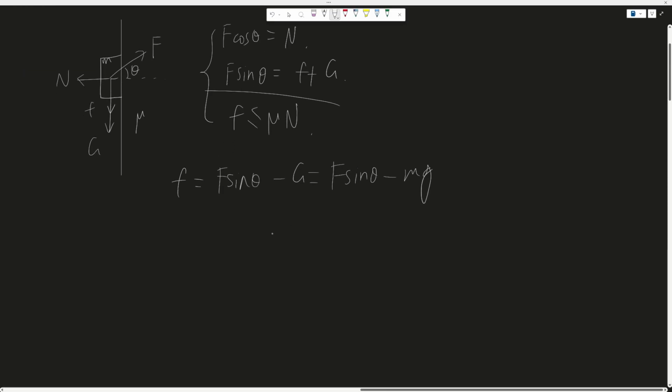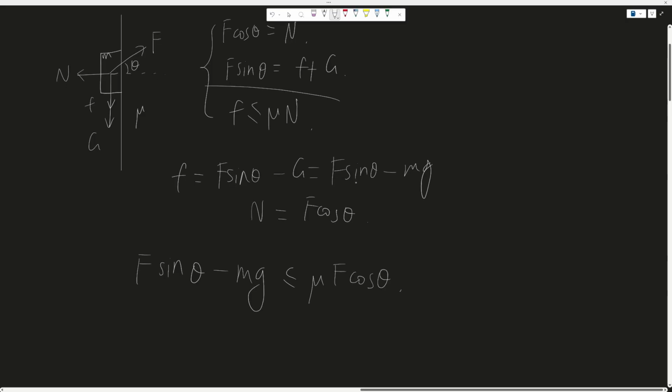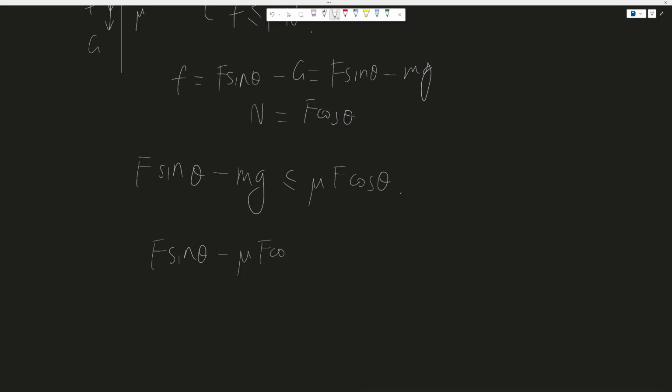And then we know that N is equal to F cosine theta. So then F sine theta minus mg needs to be smaller or equal to mu F cosine theta. Let's try to isolate F. So F sine theta minus mu F cosine theta needs to be smaller or equal to mg.